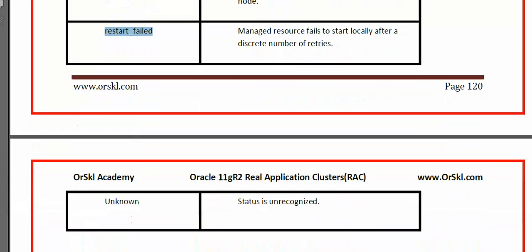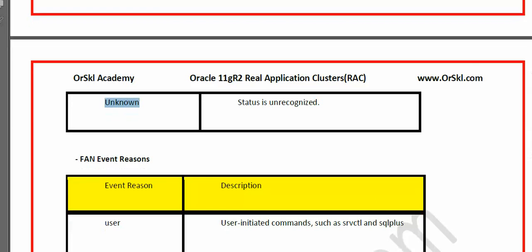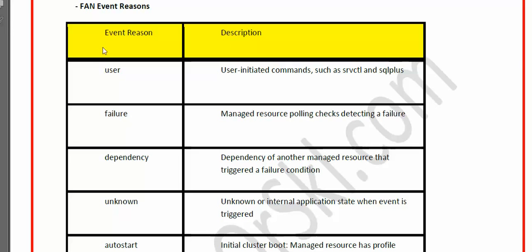So basically all these things I will explain with the help of an example. An event can be unknown also. And the third field that is very important in the FAN notification is the reason behind this event. Whether the user wantedly brought it down or brought it up, or is the reason for this event a software failure, hardware failure, or some other failure, or the dependency on another object, for example because the VIP was not running, the service name was not available?